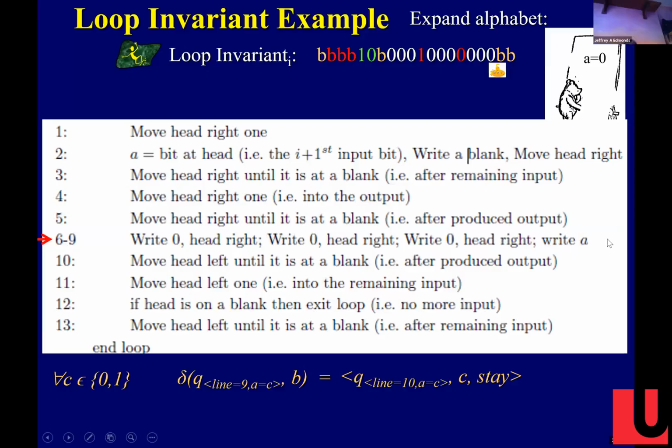Why didn't I move the head right? Is it because I didn't want to go on this blank? I wanted to stay on a character. I had no need to go over there. The code didn't want me to go over there. In fact, what the code's going to get me to do is to start to move left. So why move right if what I want to do is start moving left?